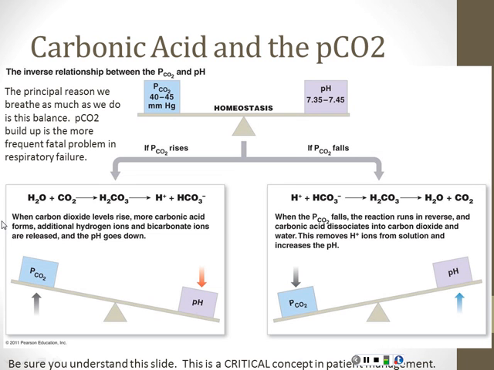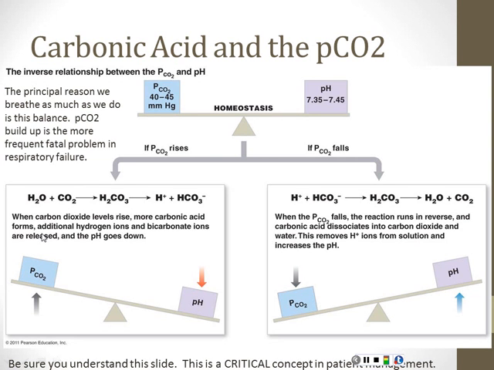Thankfully, it's relatively simple: as the PCO2, or the amount of CO2 in the blood, goes up, the pH goes down, and vice versa. As the CO2 level goes down, the pH level goes up. The classic way of looking at this is as a seesaw. As one goes down, the other goes up.